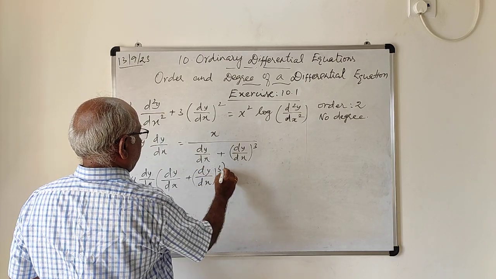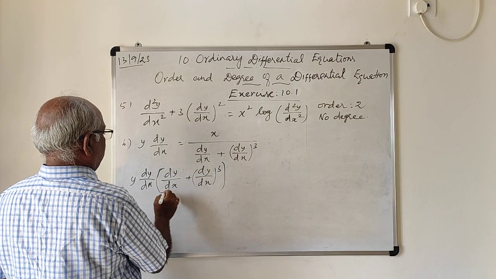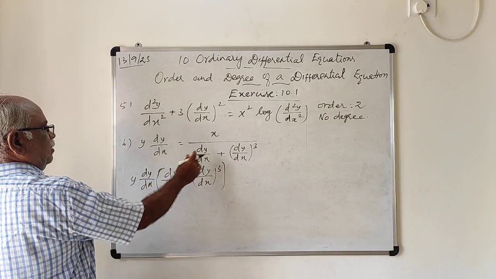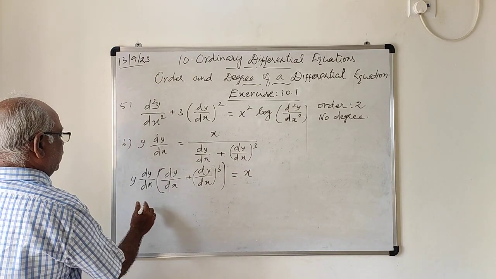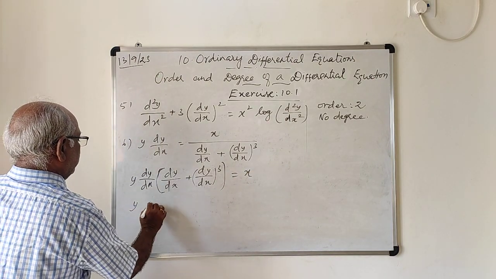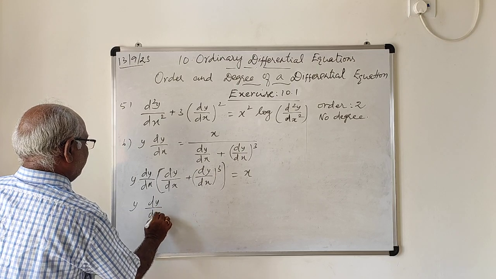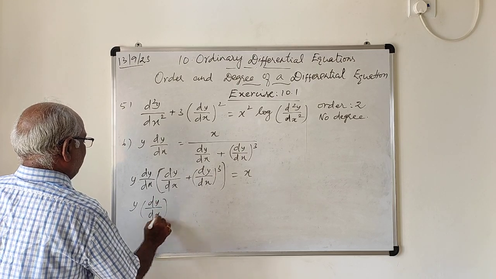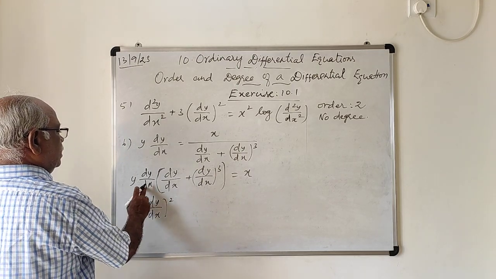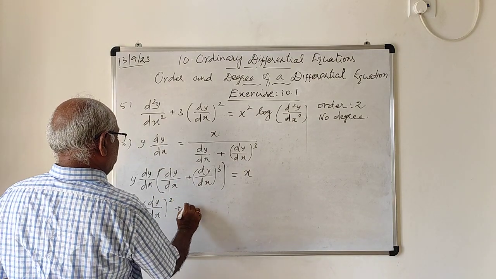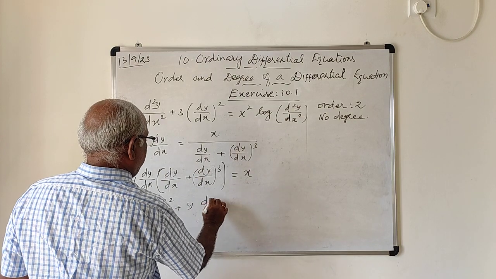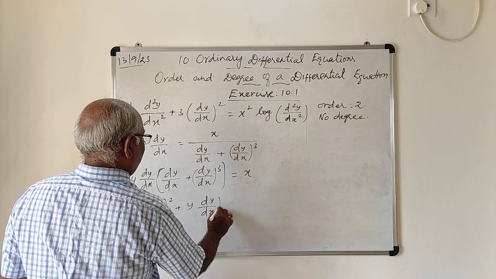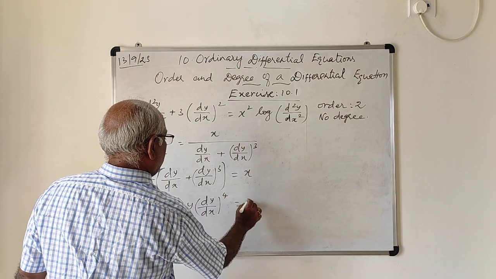You bring it to the left hand side and it becomes the numerator, that is equal to x. Again by multiplying, y into dy by dx whole square plus y into dy by dx into dy by dx whole cube is dy by dx whole power 4, equal to x.